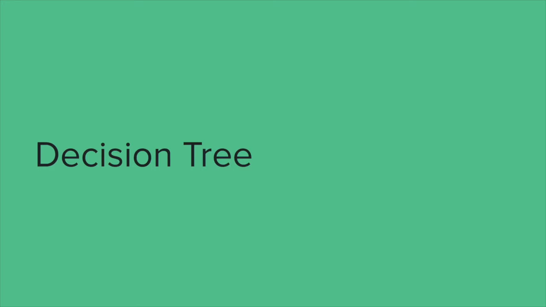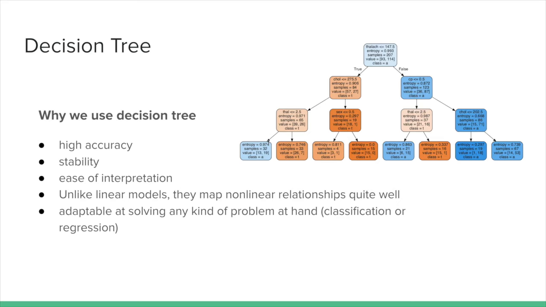The second model we use is decision tree. Why do we use decision tree? A decision tree is a flowchart-like structure in which each internal node represents a test on an attribute.